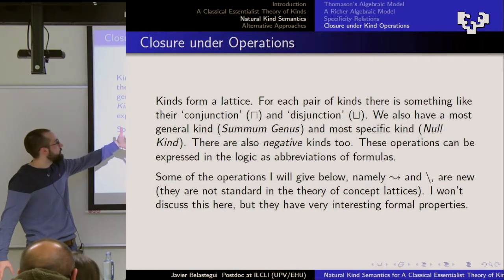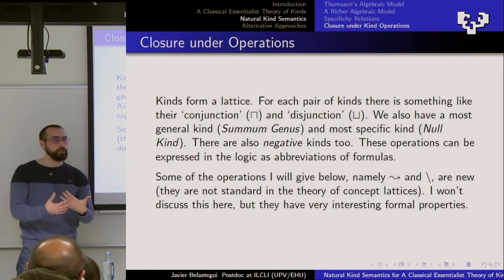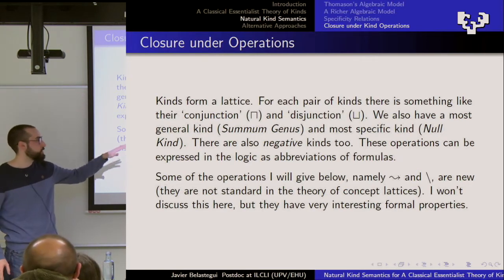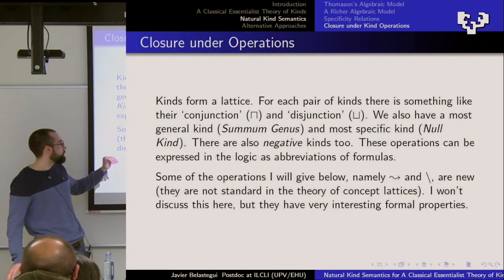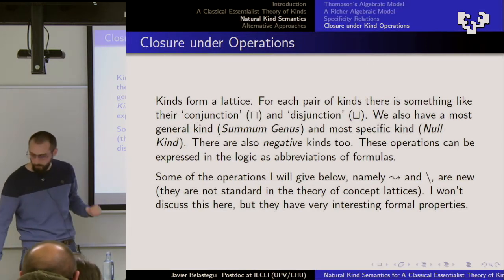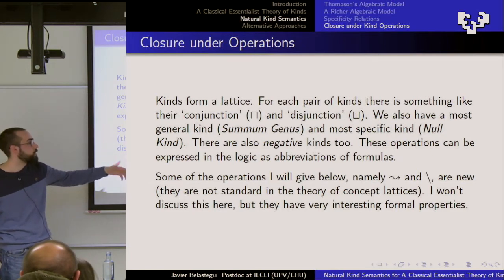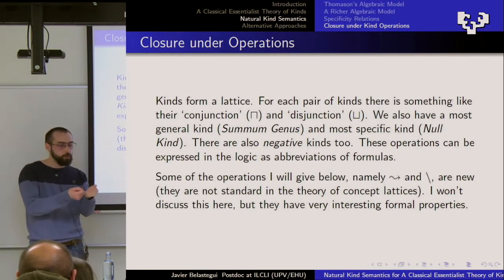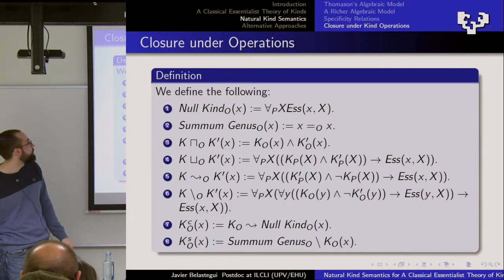And there are more operations besides these conjunctions and disjunctions. So these conjunctions and disjunctions are sort of a standard. But there are other operations that I discuss in the paper, namely operations that look like conditionals and differences. So you can take differences of kinds, and also negations, right?